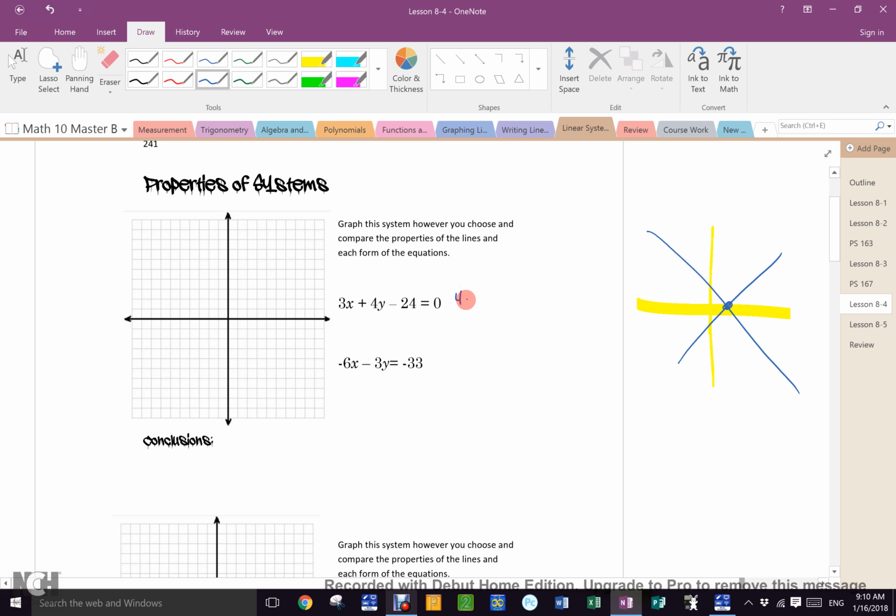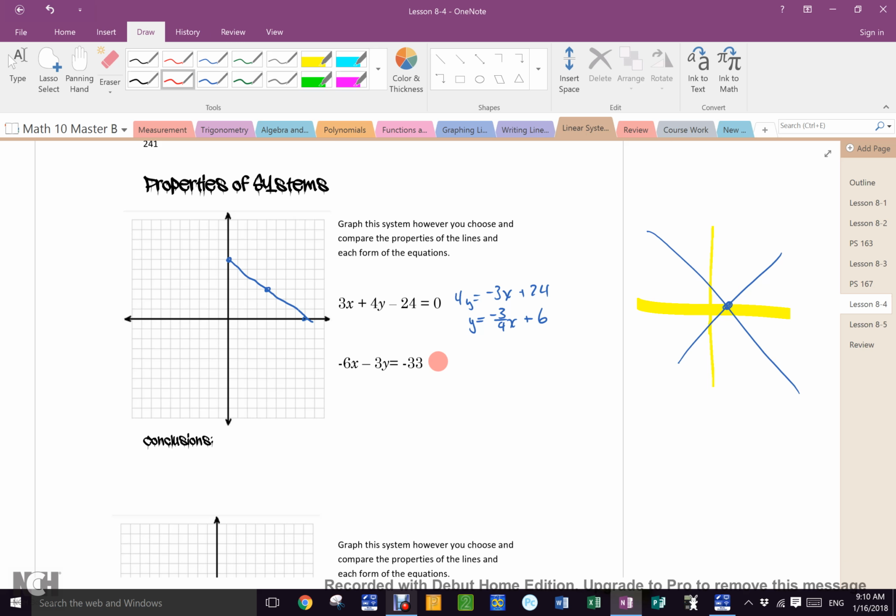It's going to be 4y equals negative 3x plus 24, which means y is going to equal negative 3/4 x plus 6. Everybody cool? And this one is going to be negative 3y equals 6x minus 33.